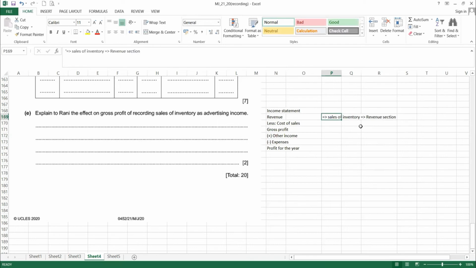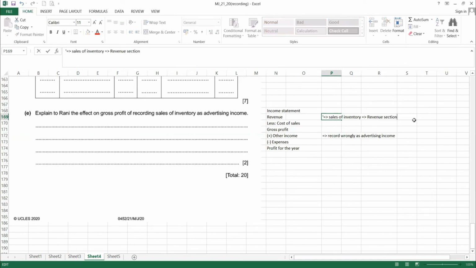This should be the revenue section, but we go and put it into other income, recorded wrongly as advertising income. So what happened to this amount when you recorded it here?